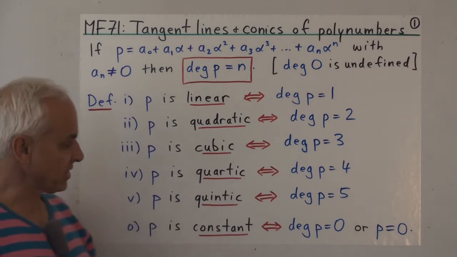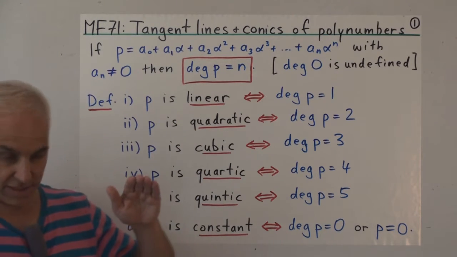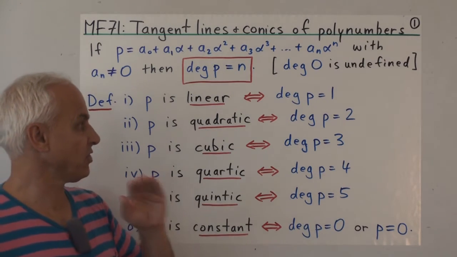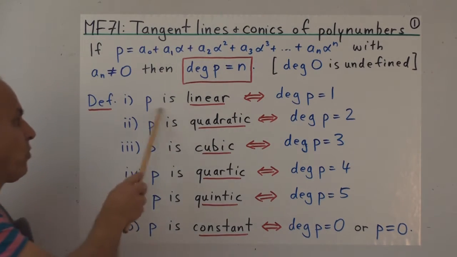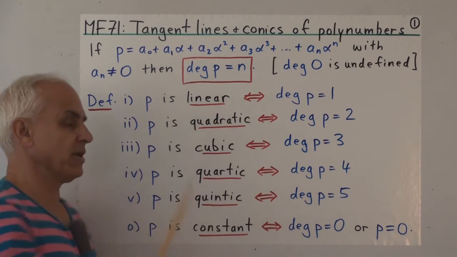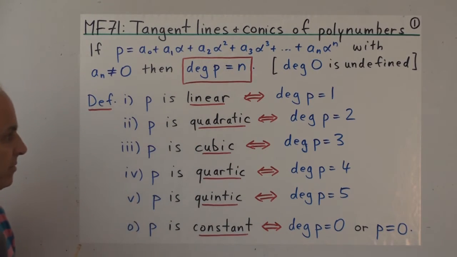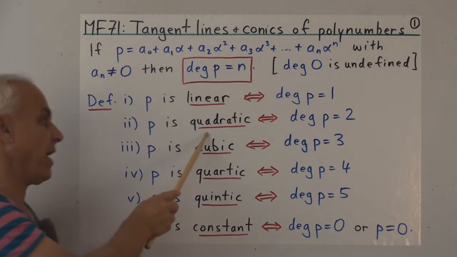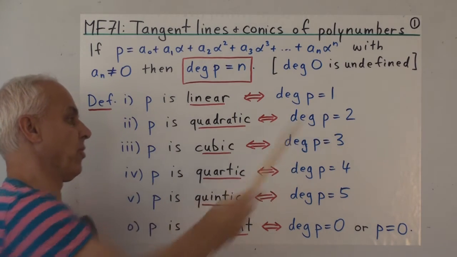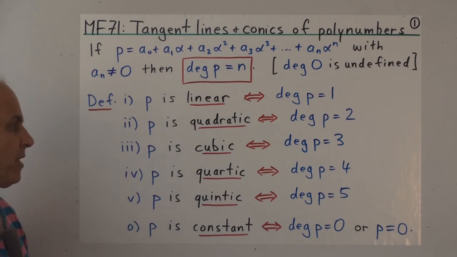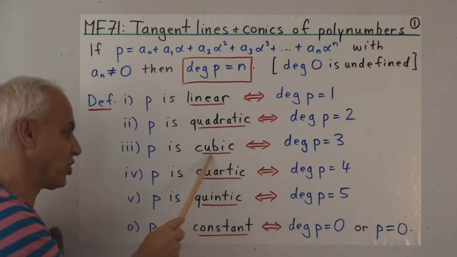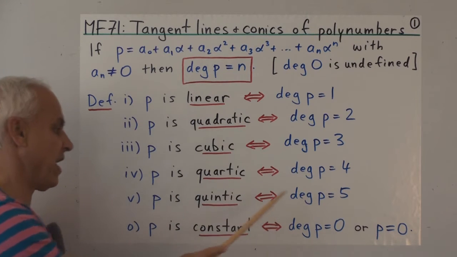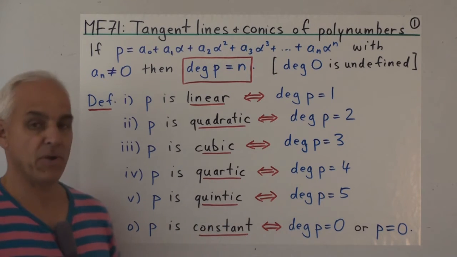Now we're going to introduce some notation that distinguishes the relative complexity of polynomials of different degrees. A degree 1 polynomial will be called linear. We'll say that a polynomial or a polynumber is quadratic precisely when its degree is 2. Degree 3 is cubic, degree 4 quartic, degree 5 quintic, and we could keep going.